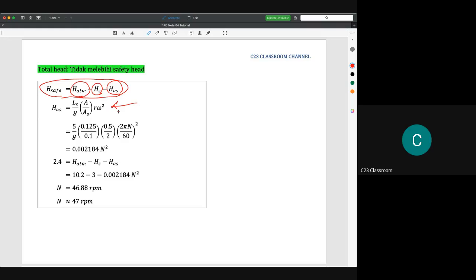The calculation of acceleration head can be simplified because we are calculating for the beginning stage, so cos omega t is equal to 1. We substitute everything, letting omega remain as 2 pi N over 60, and we get a term with N squared as the unknown variable. We substitute the value of 2.4 as the safety head, and then we could calculate N, which is equal to 47 RPM.